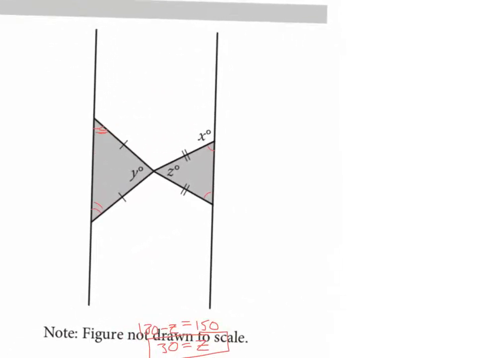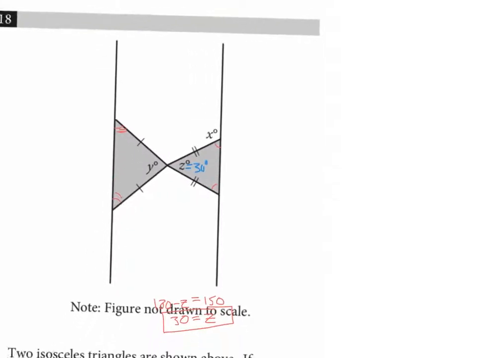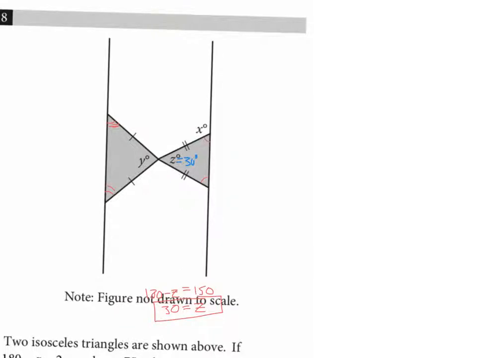So z is equal to 30. I'm going to write that right now. 30, yay. Okay, so 30 right here plus this angle equals 180. I mean, these angles are the same.